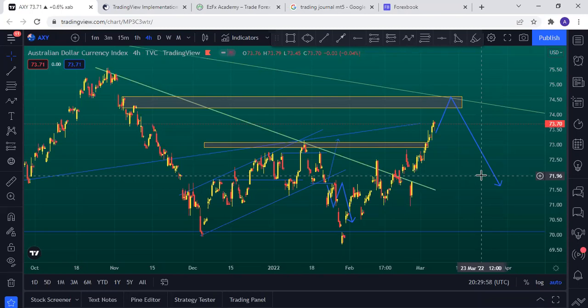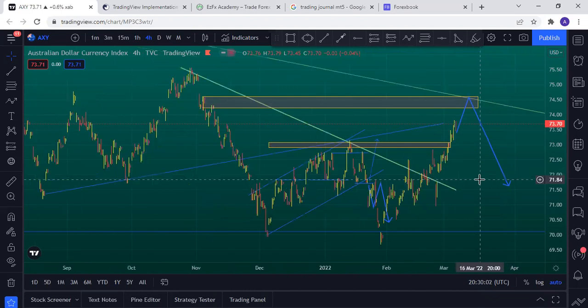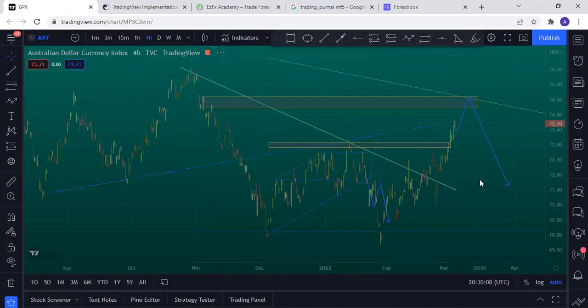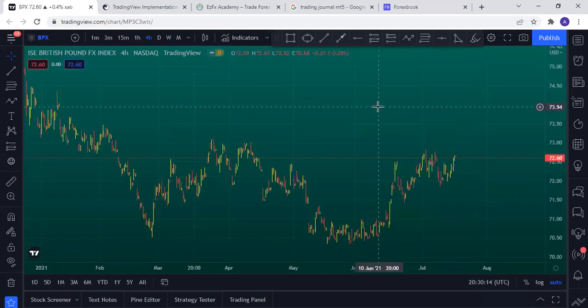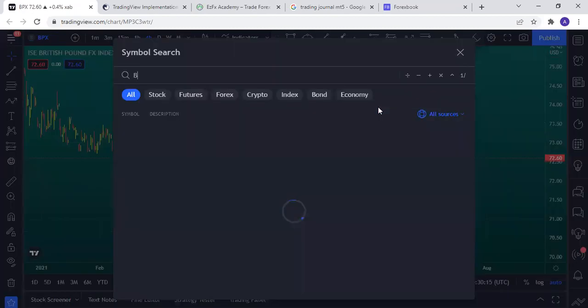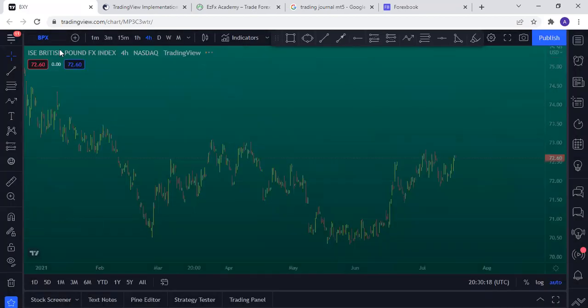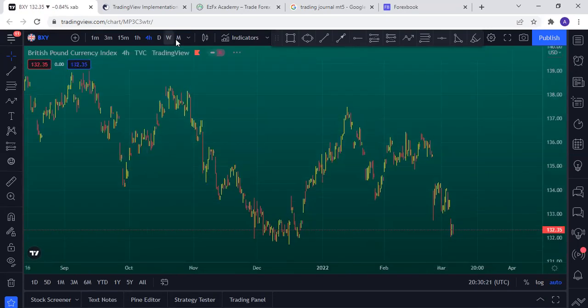All right, so quickly, before we move on, let's quickly check the British pound on the weekly time frame first.